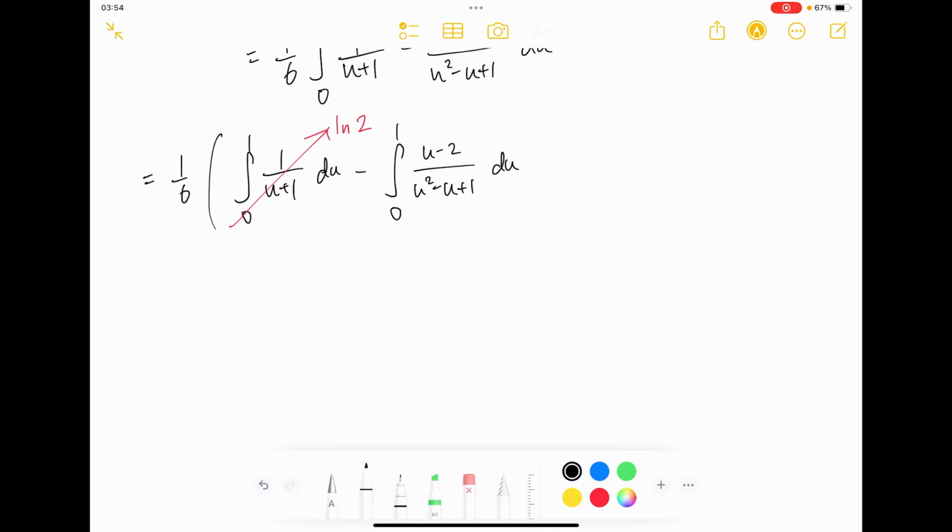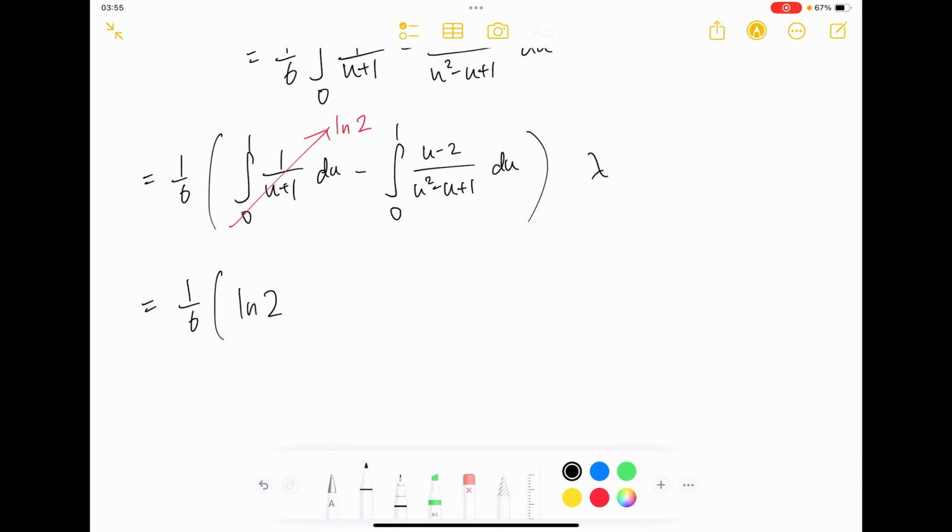Anyways, for the second integral, I'm just going to copy this down. I want to do a u sub as well, but I want to u sub the denominator. The thing is, if I do, well, not a u sub, maybe we'll do a lambda sub.